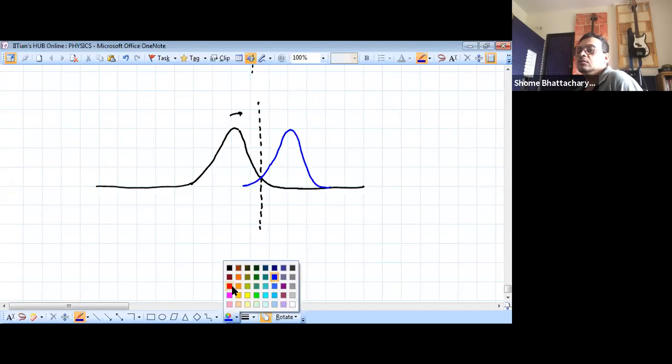So the superposition effect here will be something like this. The superposition of these two. Now see, from this point onwards, it's a positive quantity plus a positive quantity. With respect to this, you can see it's a sum of two positive quantities with respect to this position. So the resultant, which I'm drawing with the dotted red line, becomes like this.